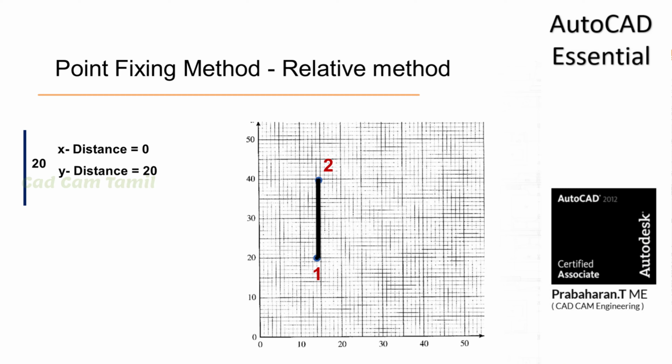You can observe that point 1 and point 2 have the same x value, but two different y values. So the difference between point 1 and 2 is in the y direction. There is no difference in the x direction. That is why the x distance of the vertical line becomes 0, and the y distance becomes some value.